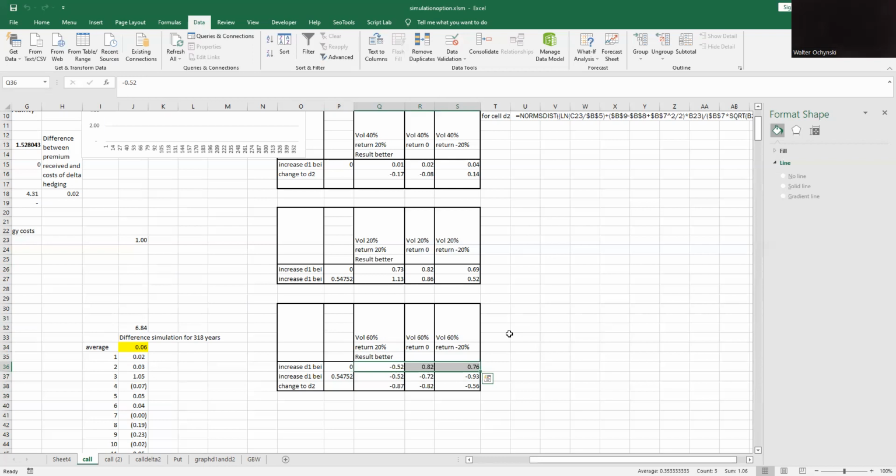I only performed a couple of simulations, but we can see delta hedging can provide protection when reality is as per the model assumption. But if expected return or volatility differs from assumptions, the results might be quite different.